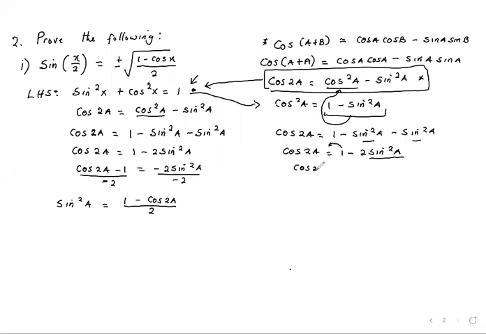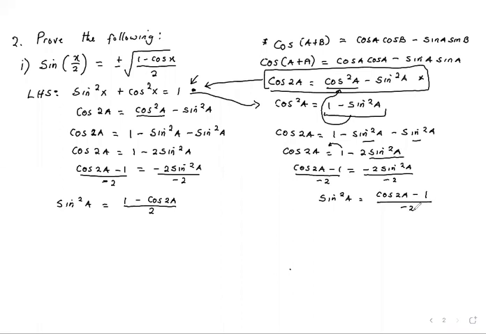We'll have cos 2A minus 1 is equal to negative 2 sine squared A. We can divide by negative 2 on both sides, so the sine squared remains alone, equal to cos 2A minus 1 over negative 2.